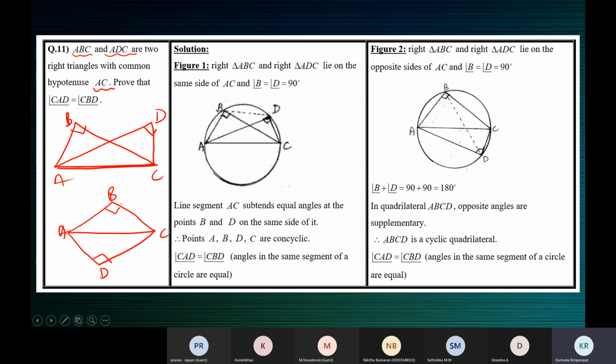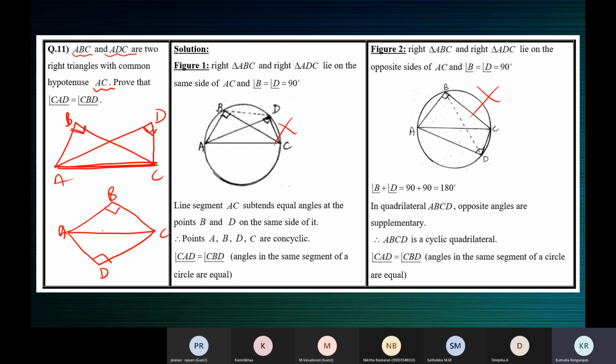If you can understand this, if you say this is fine, I can go ahead. Please tell me if you understand this. This is the common hypotenuse AC, and the two right triangles ABC, ADC are on the same side of AC.